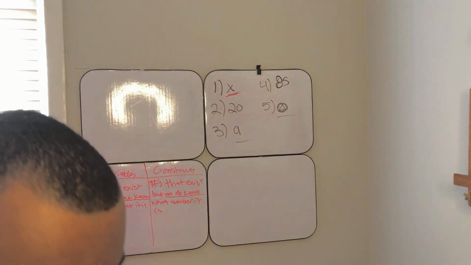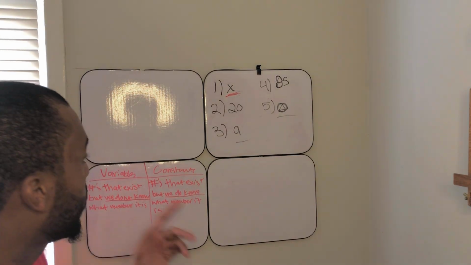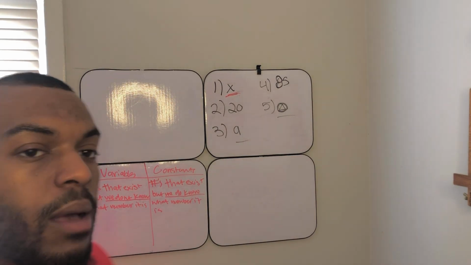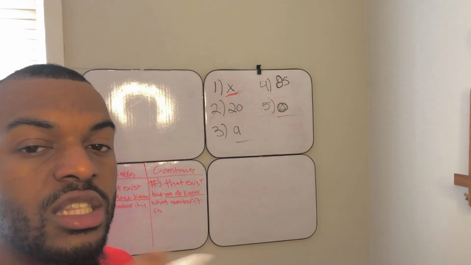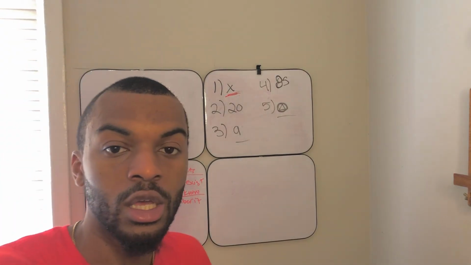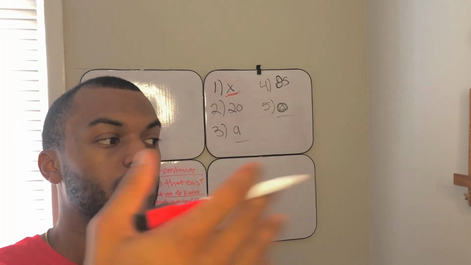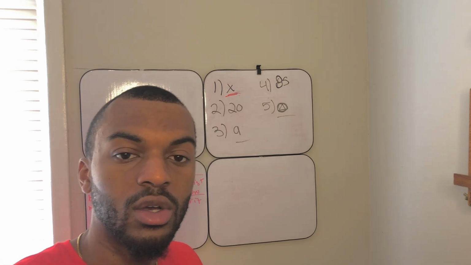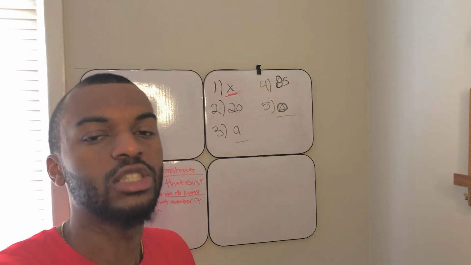But there's a couple of things about a variable too. A variable is a number that we don't know, but also if it can change, then it's also a variable. We might know it, but if it changed the next day or the next second, then it's also a variable.